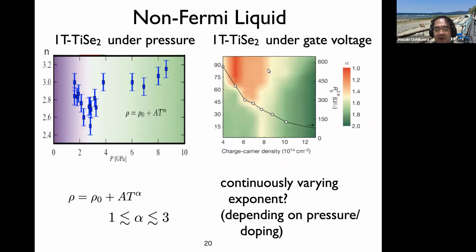In this picture, it's color coded. Sorry, but here they change carrier density and change the temperature between 15 and about 100 K. In this region, the exponent alpha is around 1.0, and in this region it's 2.0, so close to Fermi liquid. But here they found exponent 1.0. But it seems like this exponent is continuously varying depending on pressure or the carrier density.